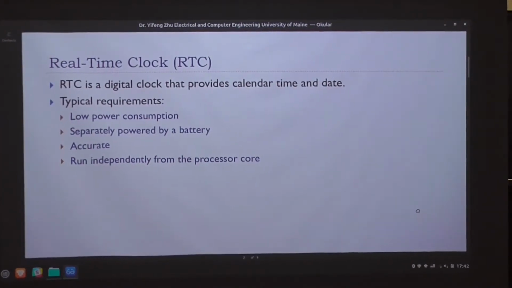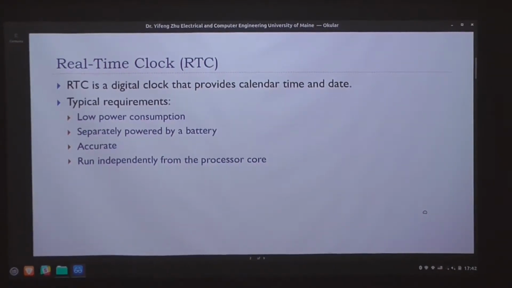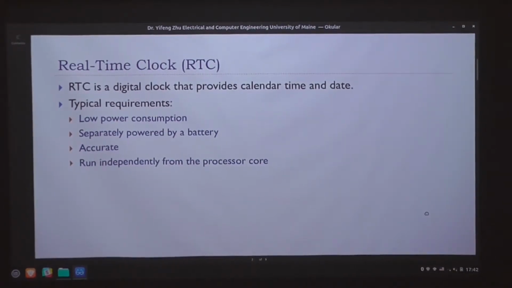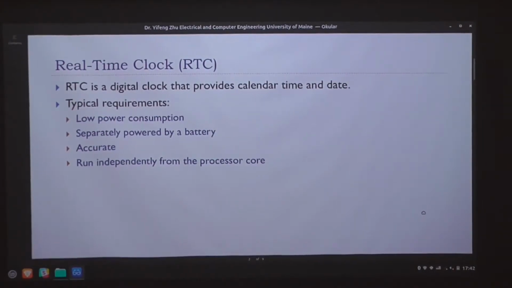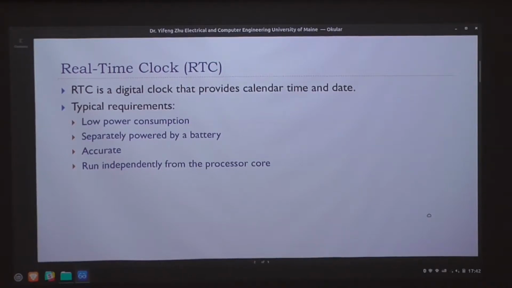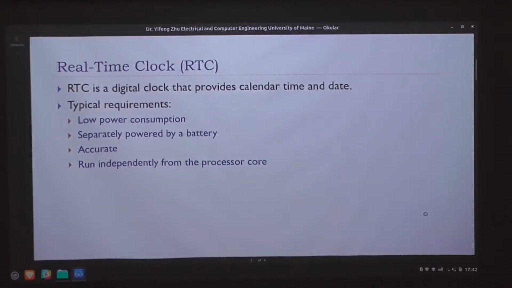That separate battery source will eventually run dry, right? At which point it has to be replaced, because it's not like it's a rechargeable battery source or anything. So generally it's either a battery or a supercapacitor.